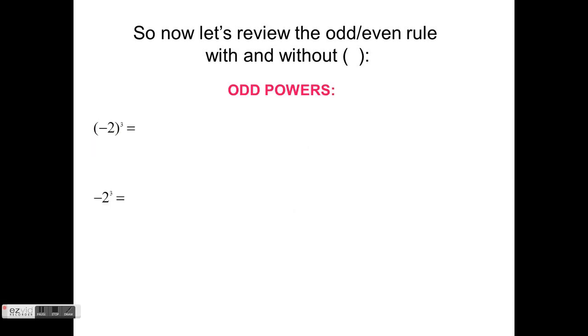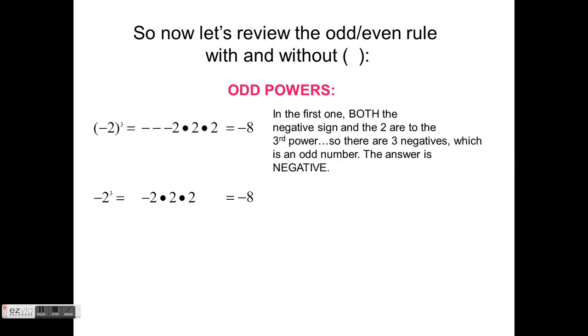Now we've got odd powers. Again, it's negative 2, one in parentheses, one without, to an odd power 3. So now what you should be thinking is the top one has 3 negatives, the bottom one 1 negative, and both of the answers this time are negative, negative 8. In the first one, because it's in parentheses, there are 3 negatives.